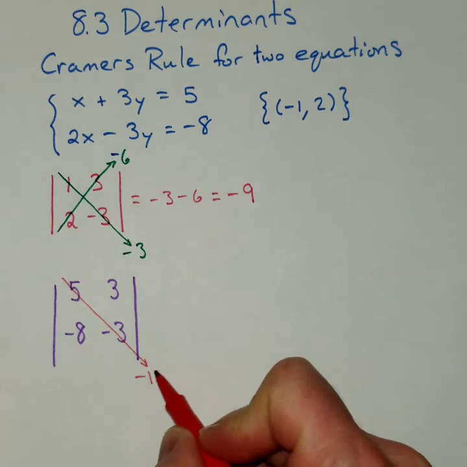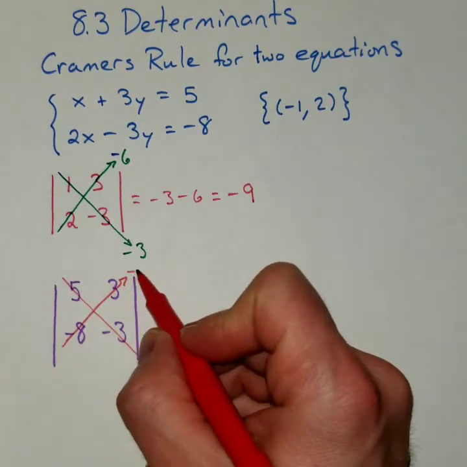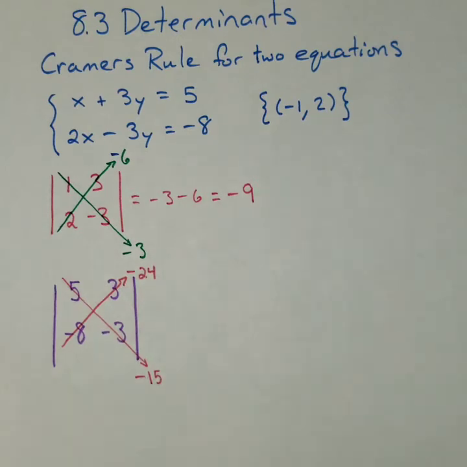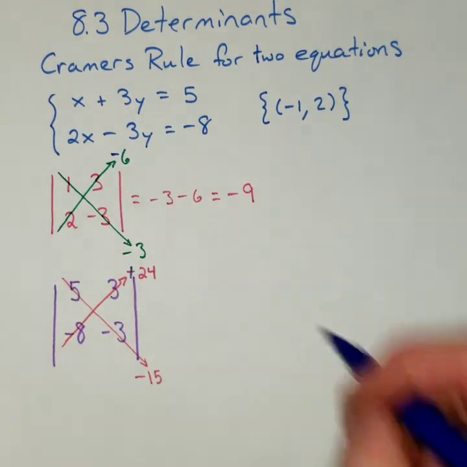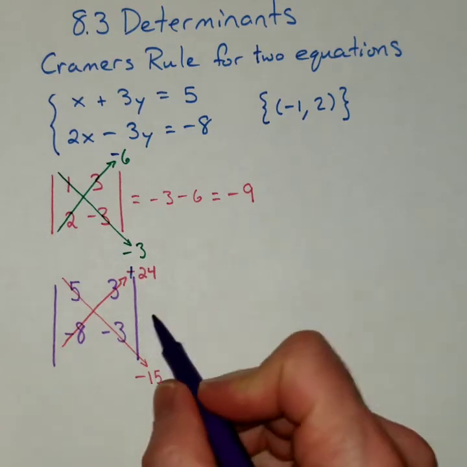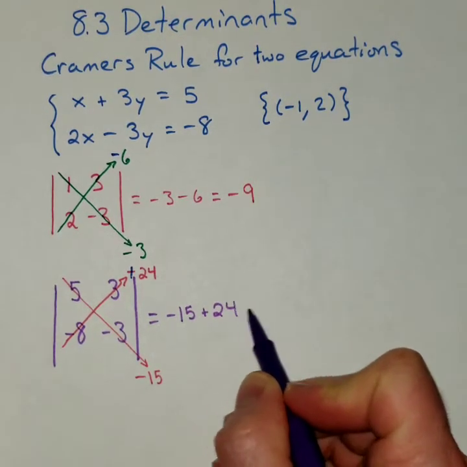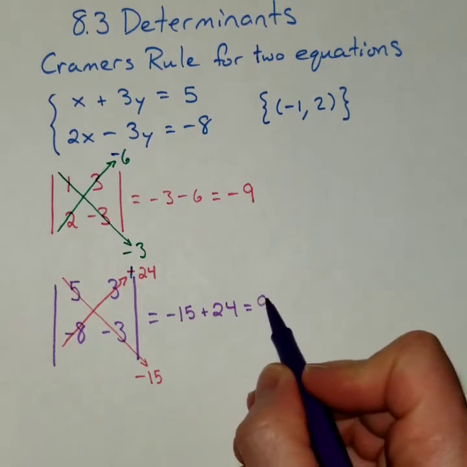Get a -15 here. Diagonal up, we get a -24. Don't forget, on the top one, you must change your sign, and then add them up. So -15 plus 24 is equal to a +9.